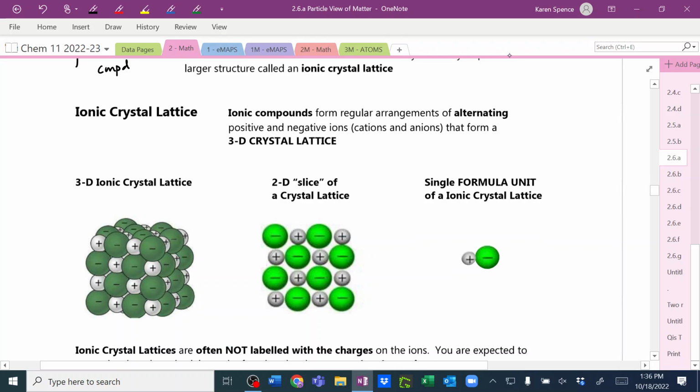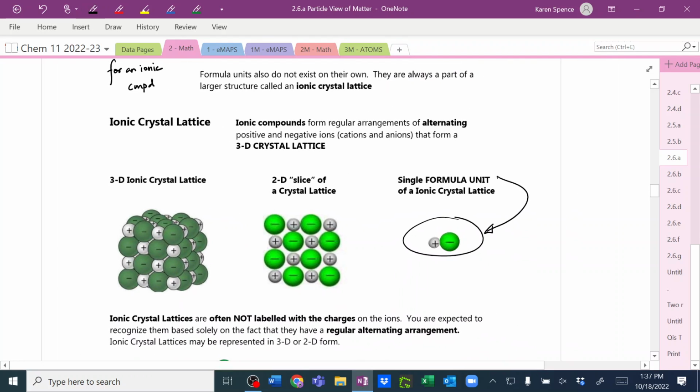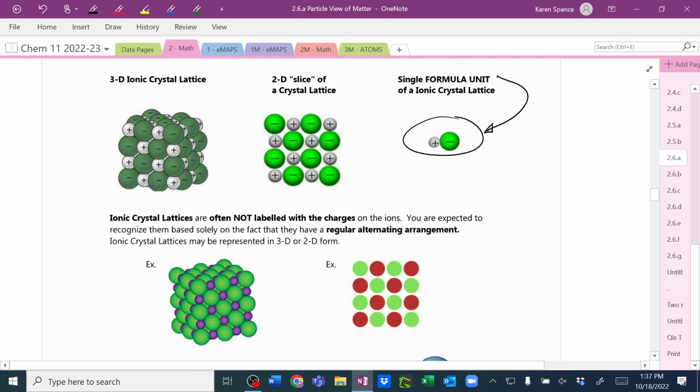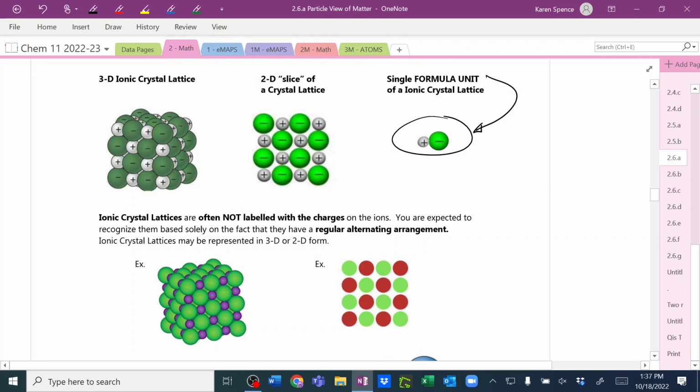Do we remember the ionic crystal lattice? Yes? Alternating positive and negative. A single unit of that is called the formula unit, but it doesn't really exist. Very often, you will see an ionic crystal lattice, but they won't label the positive and the negative. So it would look like that. You should recognize that regular alternating pattern.